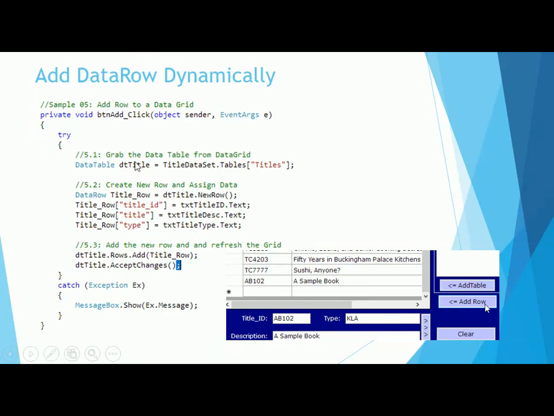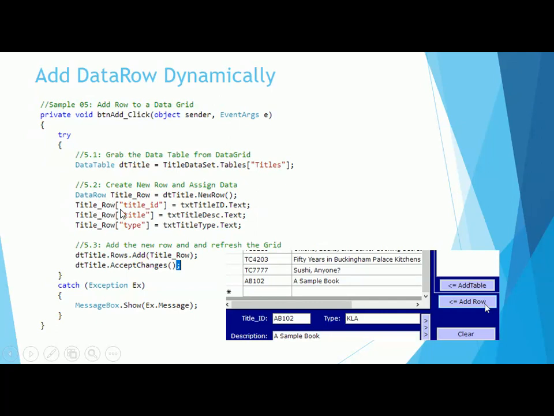So the data table is retrieved from the data set. Then from that retrieved data table, we are asking to create a new row. Then in the title row, we are referring to the column. Remember, these column names are actually part of the select query that we pass to the adapter.fill method, right? So using that column name, I'm picking the column.